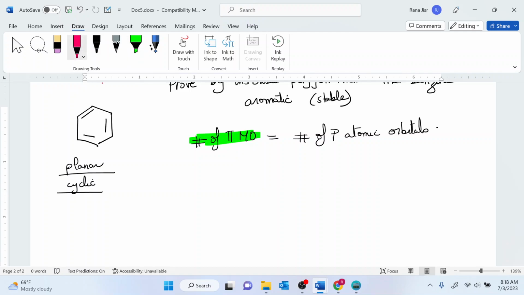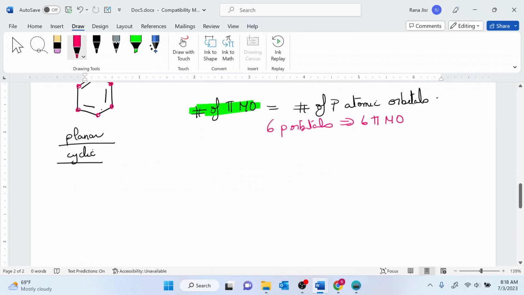Count your number of p orbitals. I have 1, 2, 3, 4, 5, and 6 p orbitals in there. Remember that every double bond is 2 p orbitals. So this is why I have 6 p orbitals here. Six p orbitals implies you have 6 pi molecular orbitals.